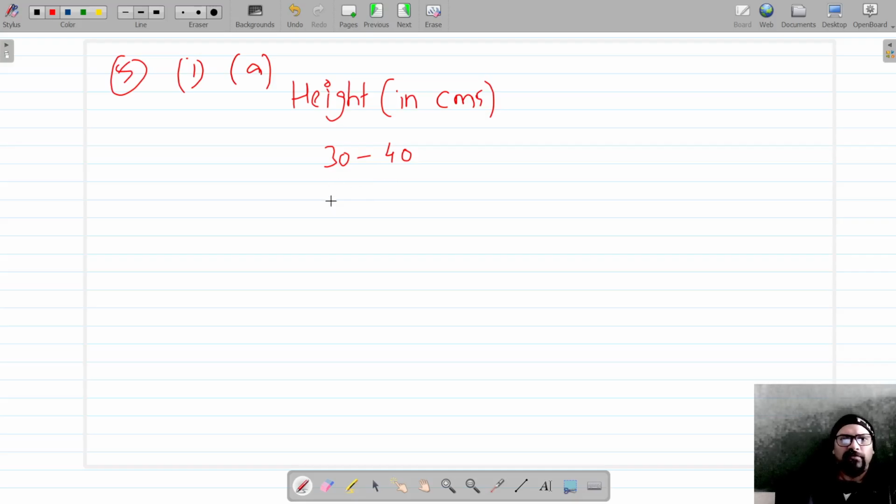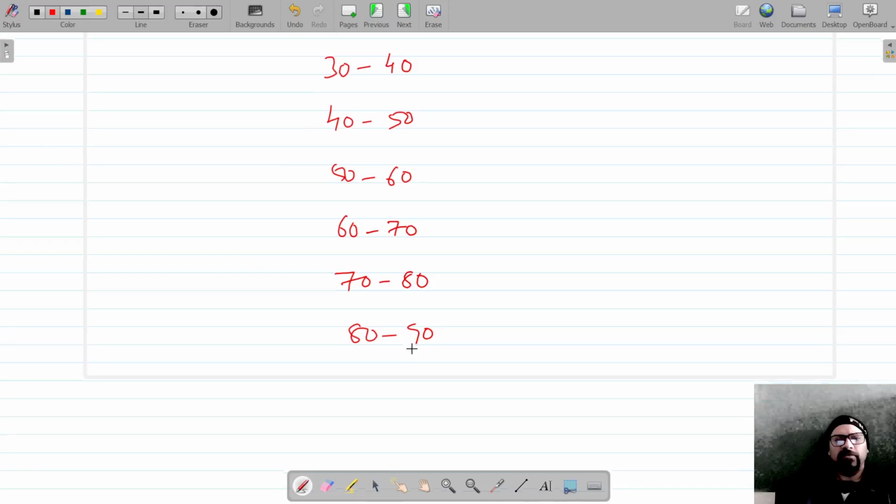Then it's 40 to 50, 50 to 60, 60 to 70, 70 to 80, 80 to 90, and then 90 to 100.